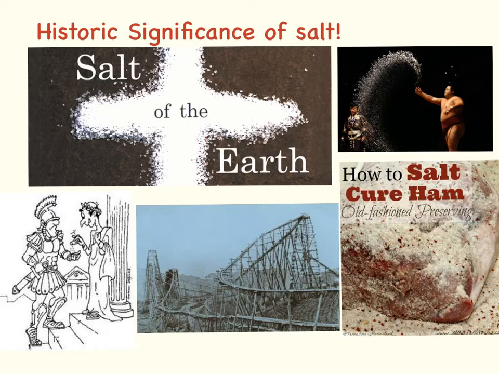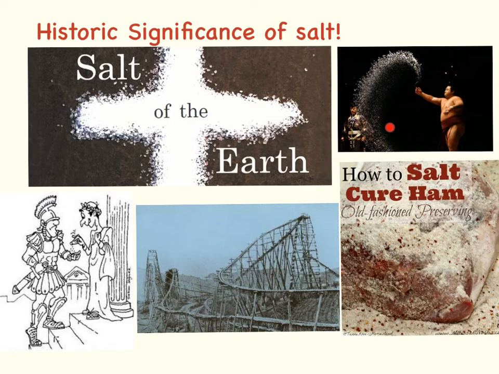Now, because salt, it's a fancy word called desiccate, but it helps remove water from systems, and bacteria are basically little cells with lots of water. The same bacteria that decompose and rot meat can be killed by salt.